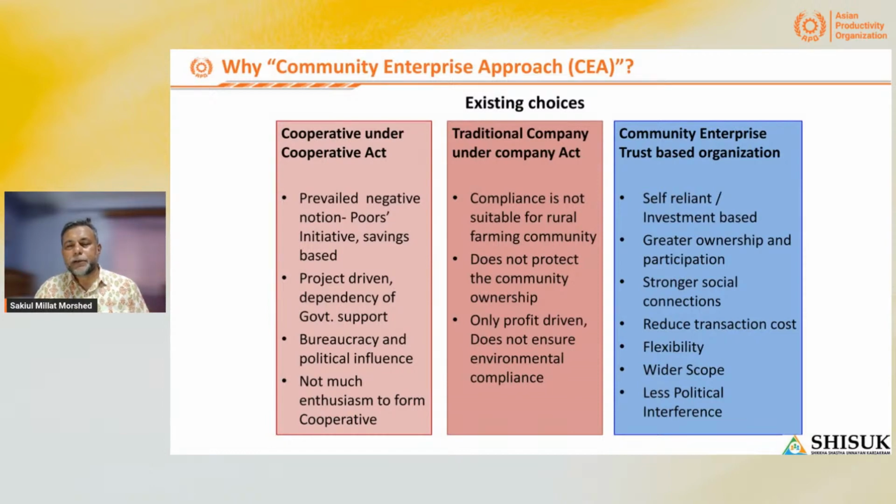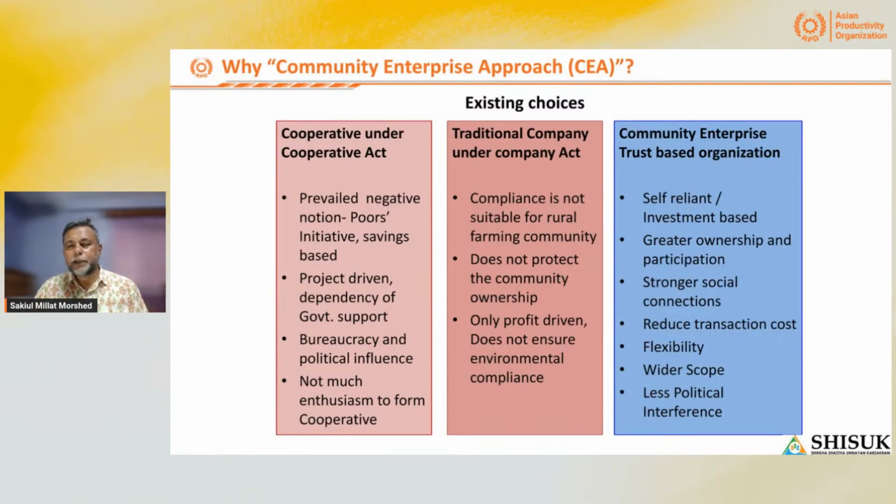In the community enterprise, most of the costs are not fixed costs. They are based on turnover. If you gain higher, then you can pay higher. If the profit is less, then the cost is less, like the land lease money or the remuneration.